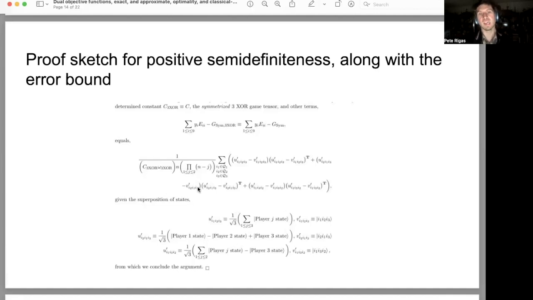And this prefactor is dependent upon the reciprocal of the optimal value, as well as some C coefficient, C of 3XOR, which is accounting for the combinatorial way of introducing ways of interchanging player observables together for the 3XOR game, times a factor from n, little n, as well as a product from j being from 1 to 2 of n minus j.